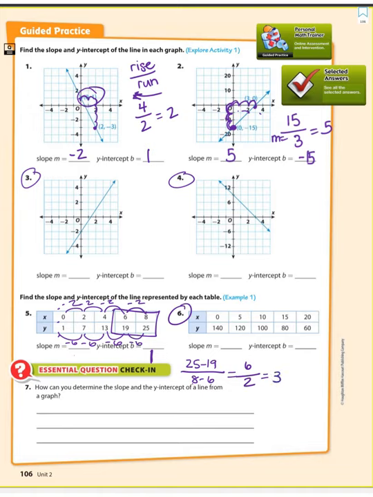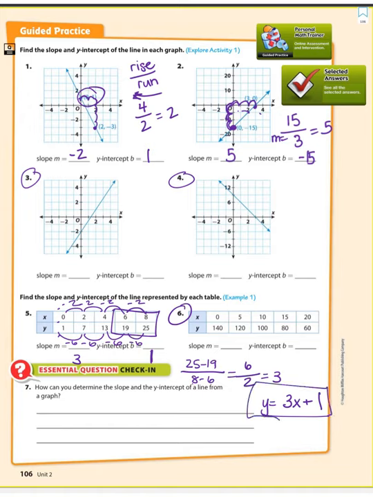So our slope is 3. And if we were to write that as an equation, we could do y equals mx plus b. Our m is 3, x plus, and our y-intercept is 1. That's where it's going to cross the axis. And then I'm assuming that next lesson we'll learn how to graph from this equation.